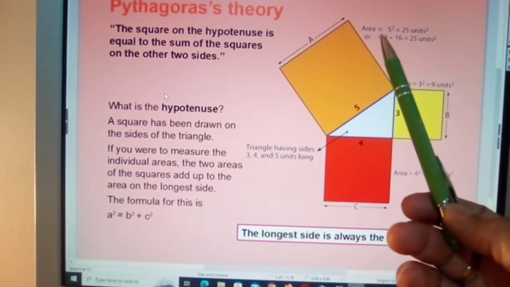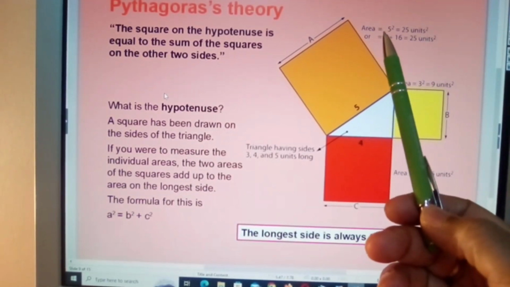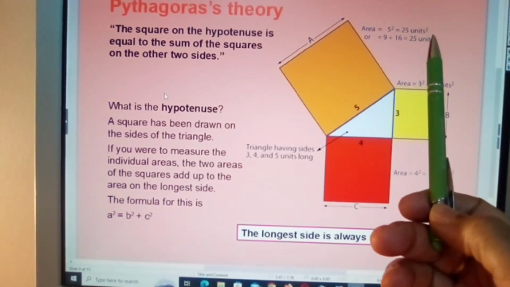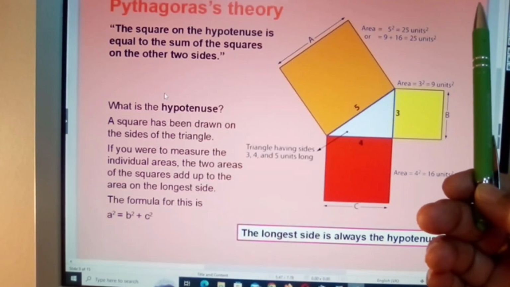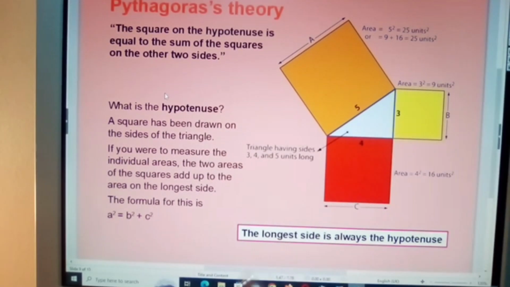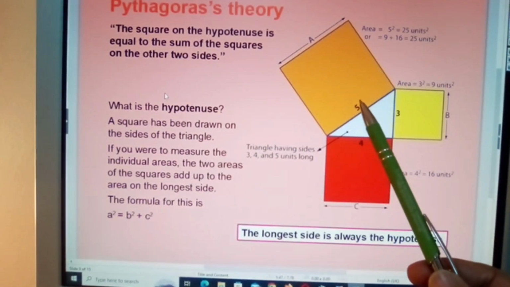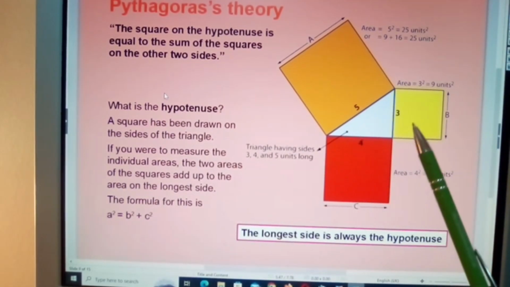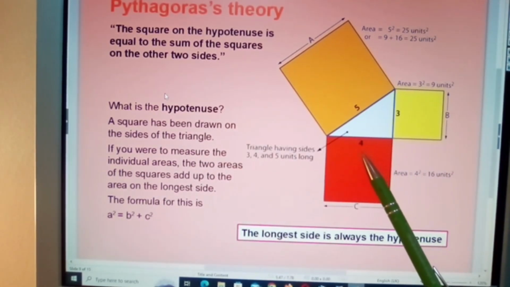Area equals 5 squared equals 25 units, or equals 9 plus 16 equals 25 units. And here's your 5, 25. 3 squared is 9. 4 squared is 16.